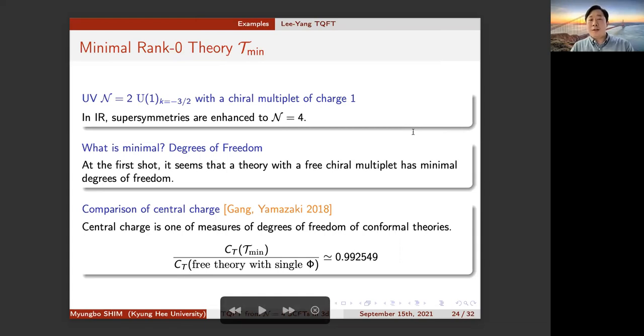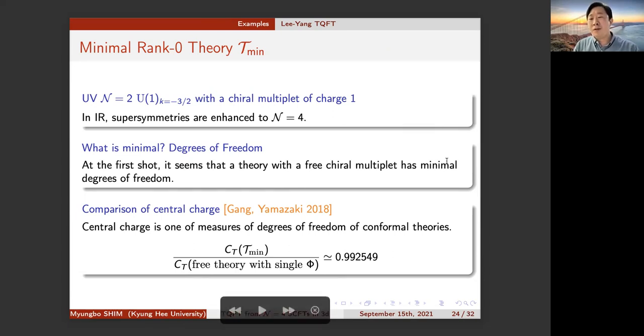This theory has a UV Lagrangian description: N=2 U(1) Chern-Simons theory with a chiral multiplet of charge 1, with Chern-Simons level k equal to -3/2. In the IR fixed point, supersymmetry is enhanced to N=4. And this is a minimal theory in the sense that it has minimal degrees of freedom.